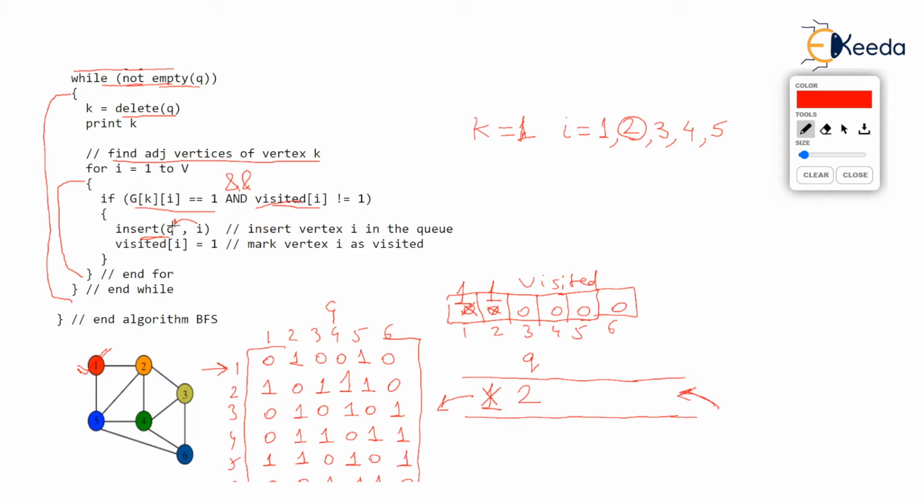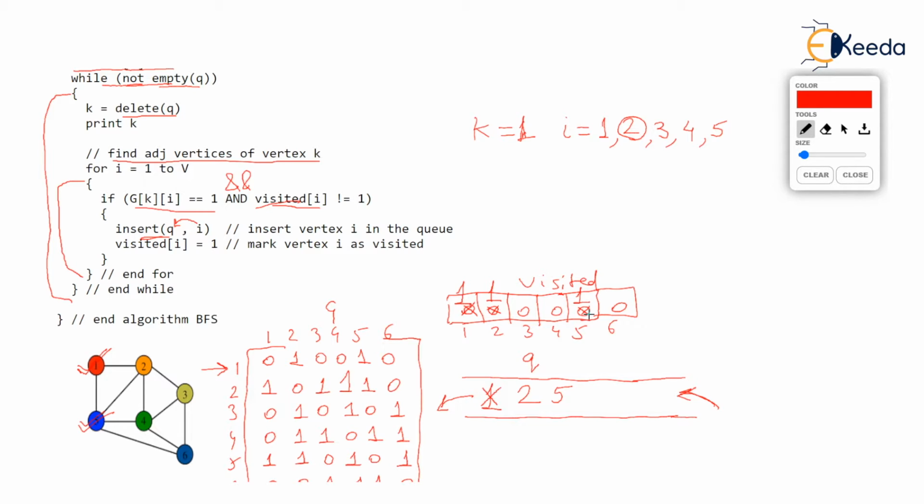Ith vertex inserted in the queue means 5 will get inserted in the queue. And you know, whenever any vertex joins the queue, we will immediately mark that vertex as visited. So visited of 5 is immediately made 1. In short, we are claiming that the fifth vertex is ticked.